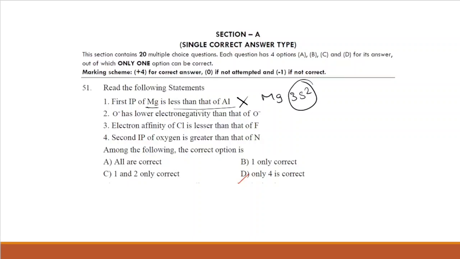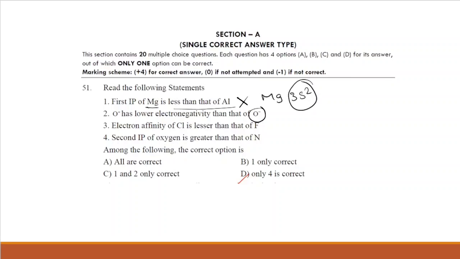Second one, O plus has lower electronegativity than that of O minus. If among O plus and O minus we consider O minus, we need to give some energy to convert it into O minus 2 because of the interelectronic repulsions.